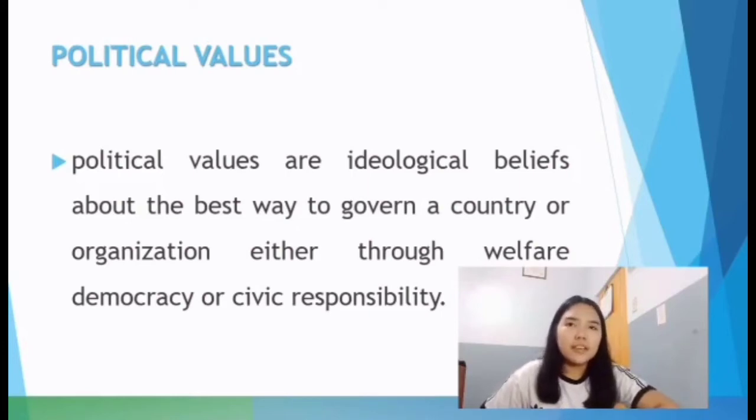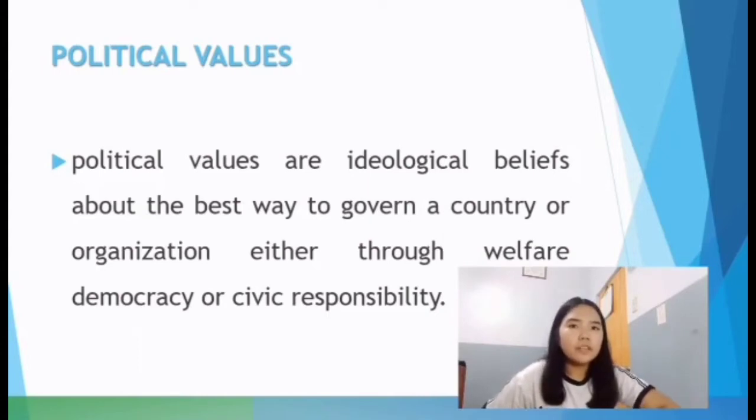They are mentally constructed and not tied to any object. Since political values have an evaluative element in it, therefore they help individuals to arrive at a certain decision.